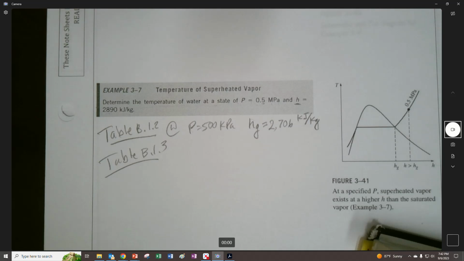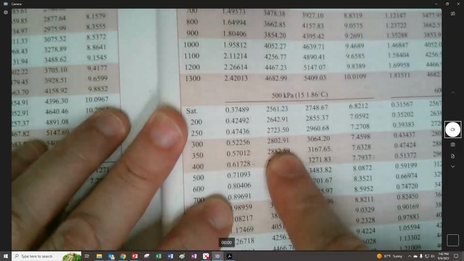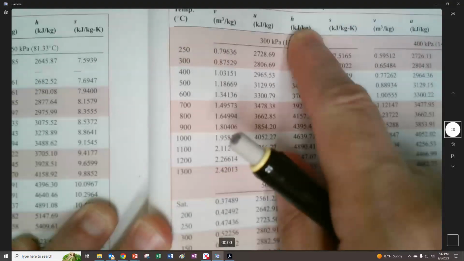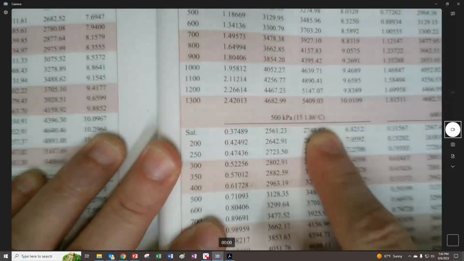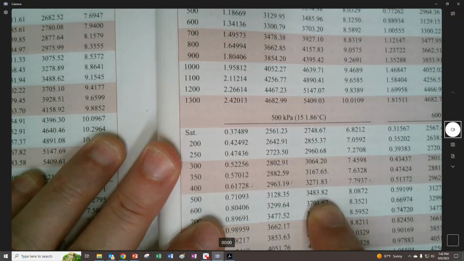And take a look at 500, and we're trying to find the temperature. Good, that's good. We want 500. All right, so here's enthalpy right there. And what would we say?